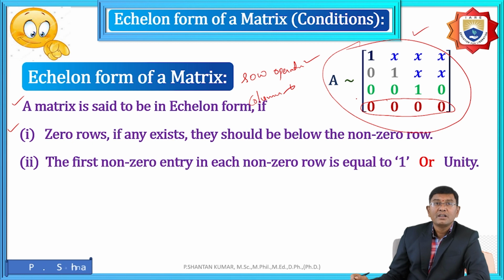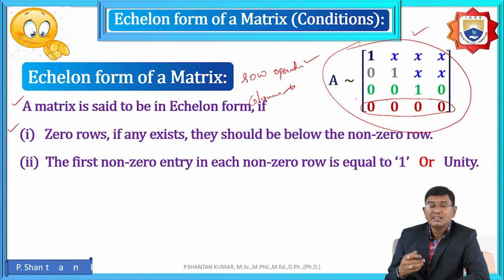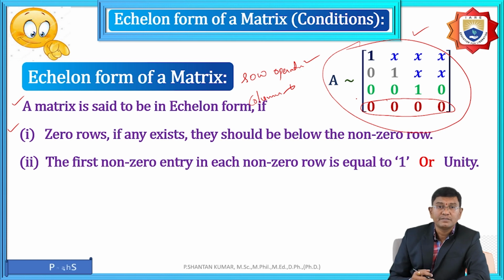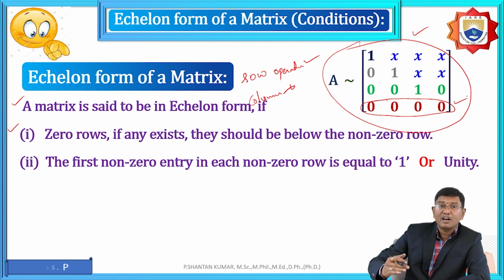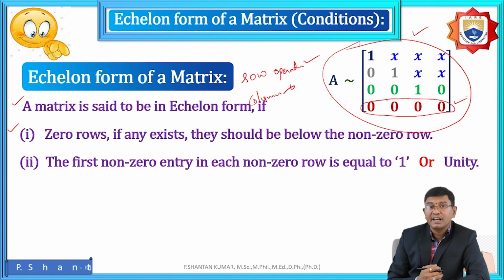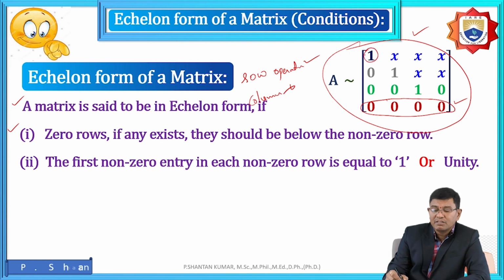The second one: the first non-zero entry in each non-zero row is equal to either 1 or any unity. Here the 0 row I kept in the bottom, and in the rest of the 3 rows, the first non-zero element is 1, and 1, and 1.